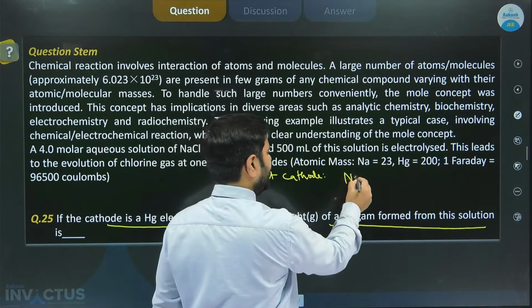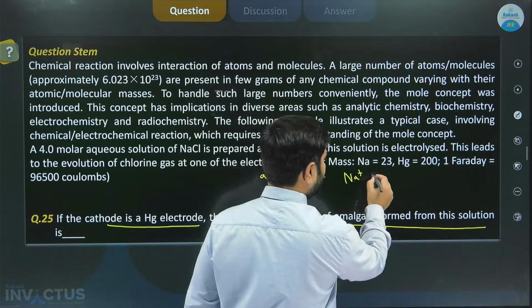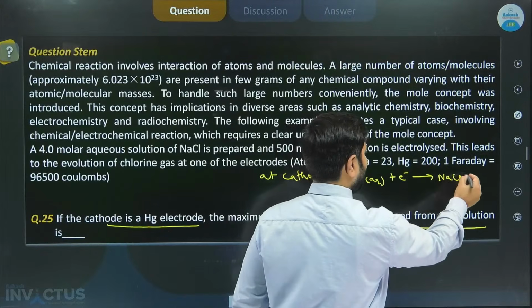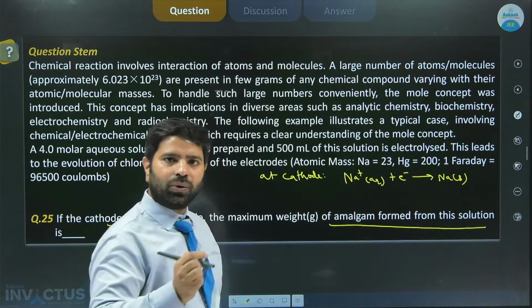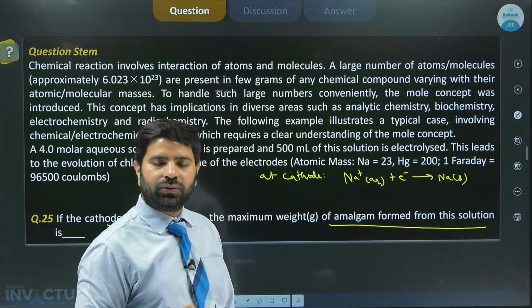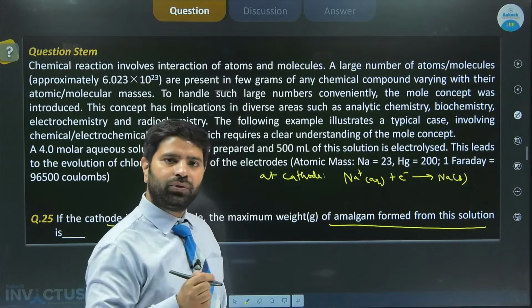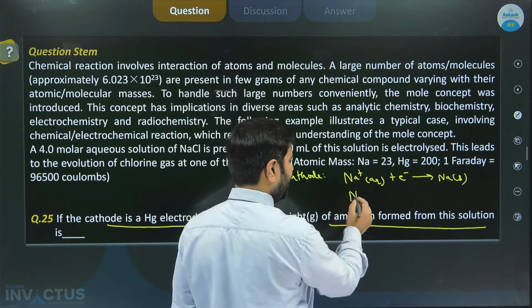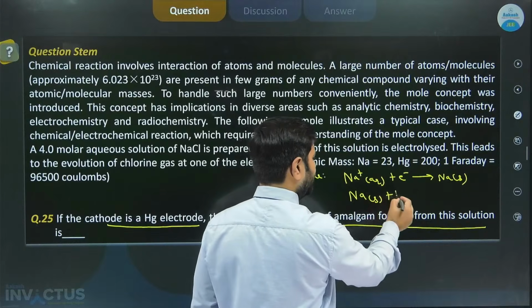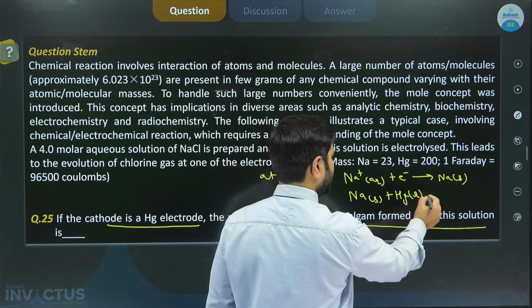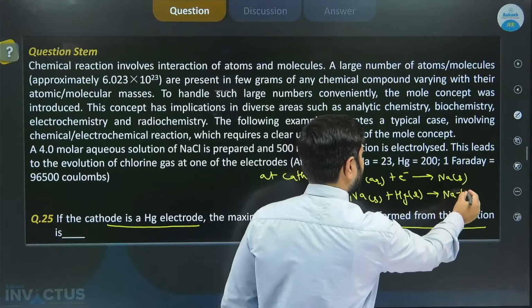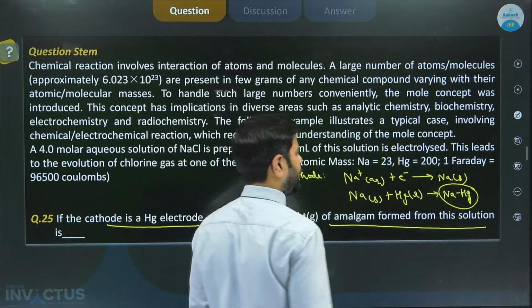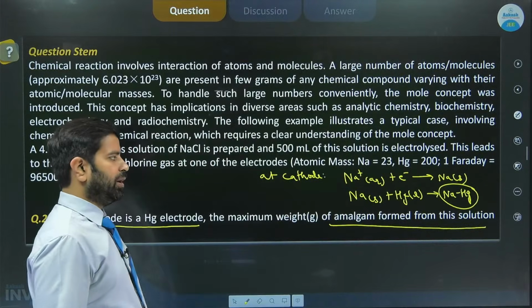At the cathode, Na+ will be reduced to solid Na. As the cathode electrode is mercury, the solid Na will dissolve in the mercury and form the sodium mercury alloy, the amalgam that we say. And we have to find out the maximum weight of amalgam.